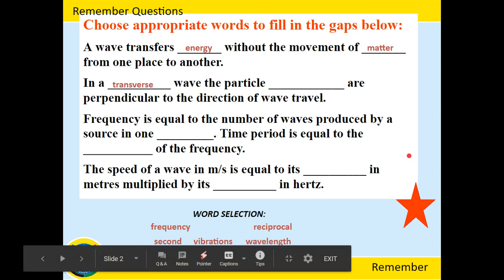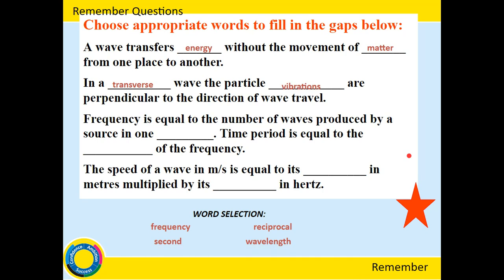In a transverse wave, the particles' vibrations are perpendicular to the direction of the wave travel. Frequency is equal to the number of waves produced by a source in 1 second. The period is equal to the reciprocal of the frequency.